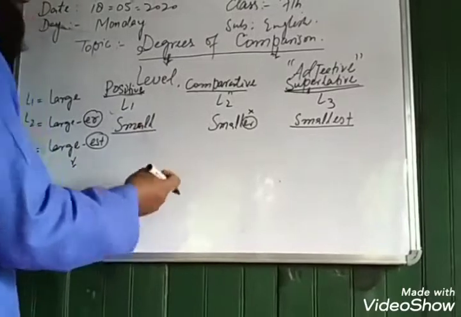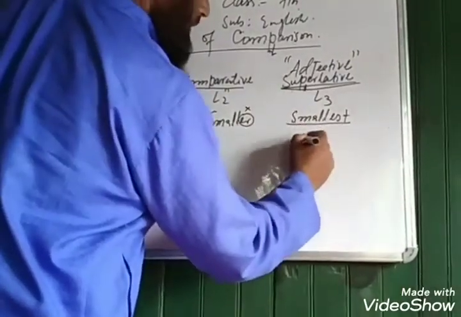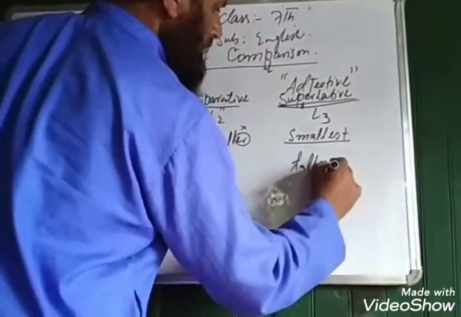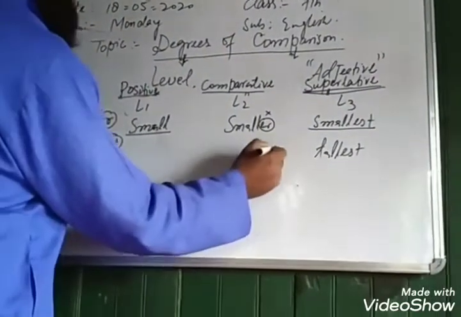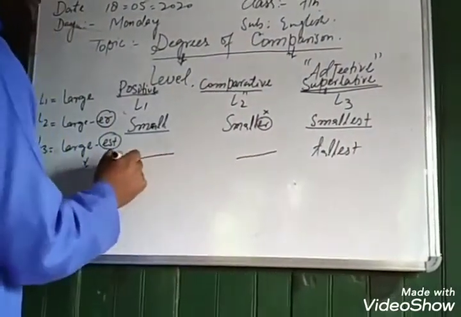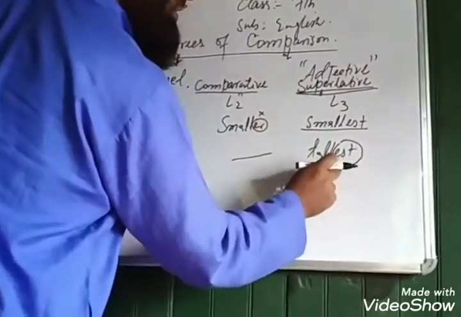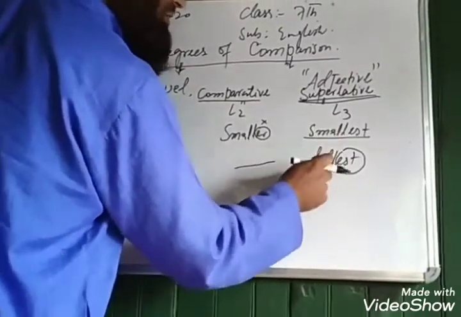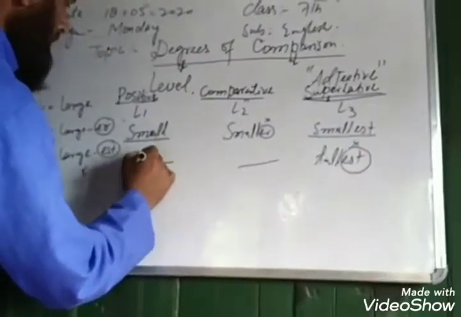This is a simple thing. If I read this word, tallest, and make these two: tallest means, by adding EST we make the superlative, the level 3 of this adjective, and we cut this EST to make tall.